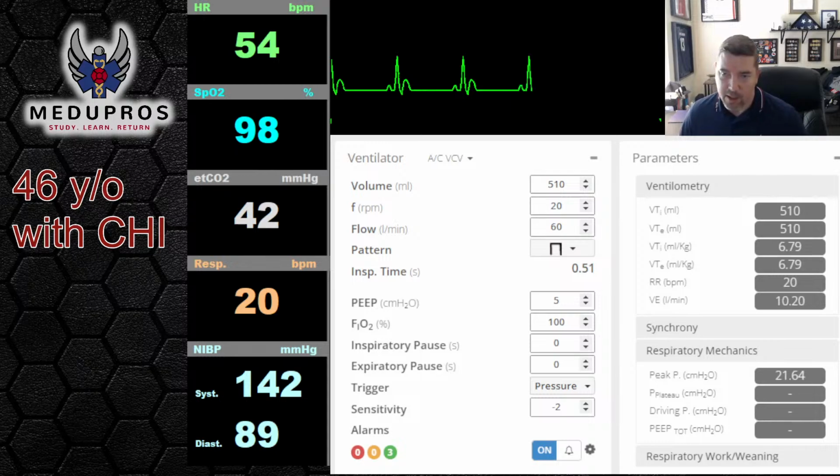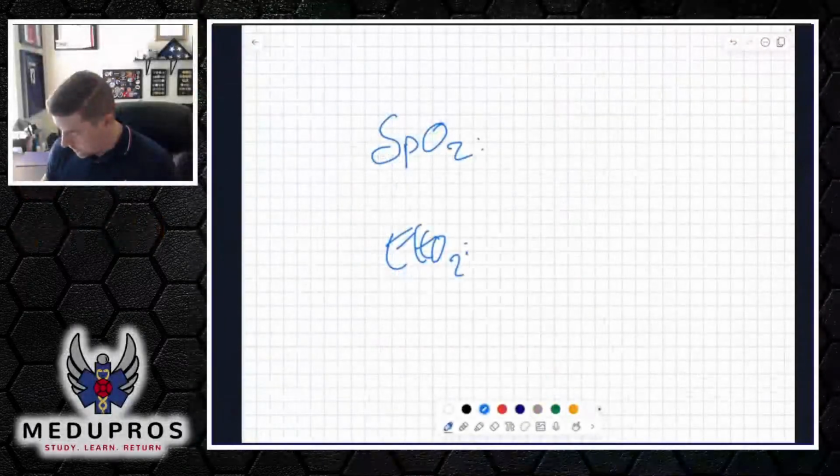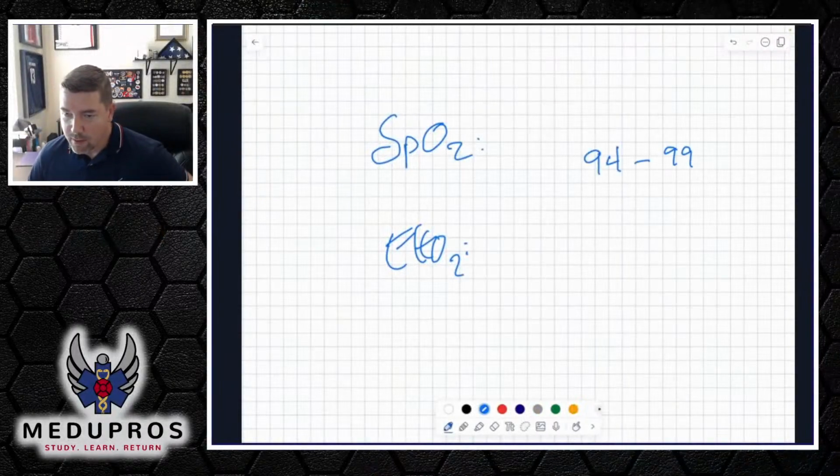So first off, I like looking at SpO2 because there is such a thing as permissive hypercapnia. There's no such thing as permissive hypoxia. So let's go ahead and knock out SpO2. Looks fantastic. Matter of fact, it's between the 94 and 99 mark. So if you wanted to start dropping down the PEEP or the FiO2, let's take that FiO2 to 70%.